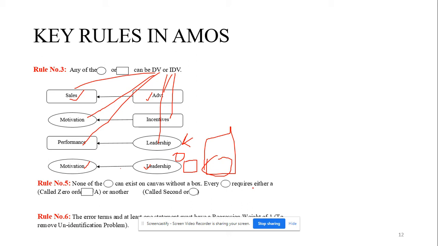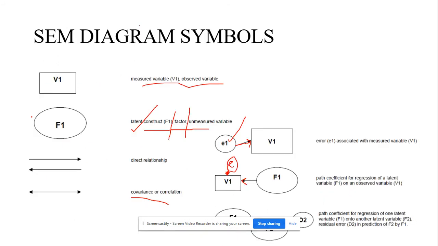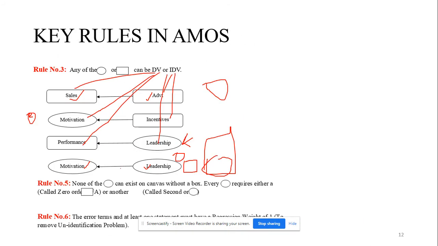And whenever you have an error term, suppose this is the relationship and you have an error term here, in SPSS we normally give them the regression weight of 1.